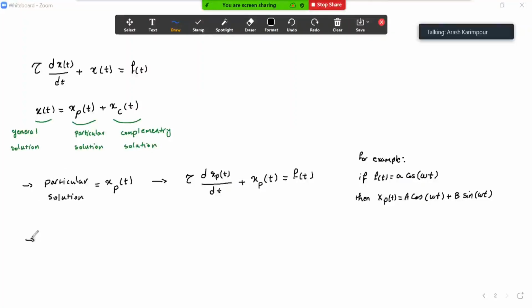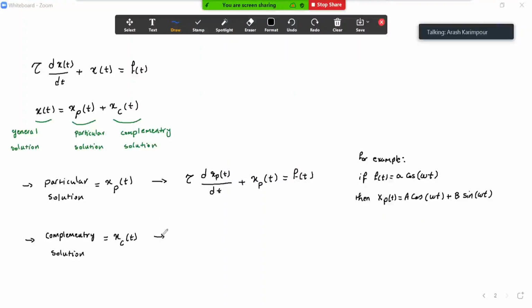For the complementary solution, which is going to be xc(t), it's going to be there when the f(t) is going to be zero.